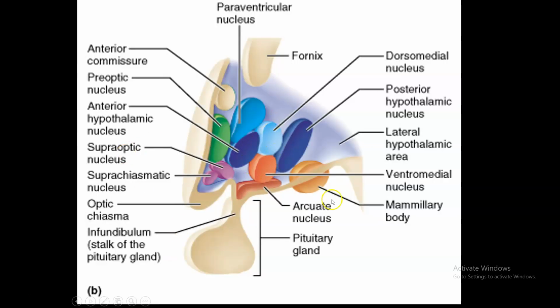So, the hypothalamus, I'm not going to discuss details, you know all about it in the anatomy of the hypothalamus, but you should know that the releasing factors pass into the anterior pituitary via the portal circulation, and that the supraoptic and the paraventricular nuclei secrete and store in the neurohypophysis.